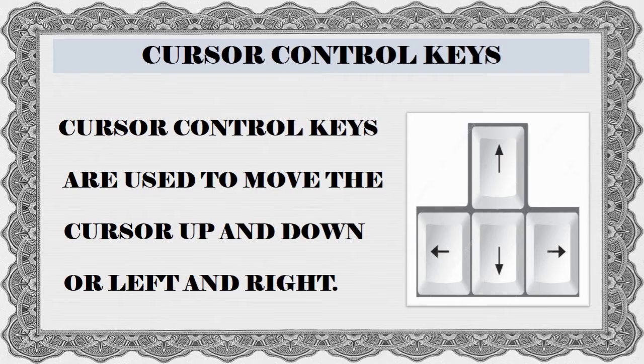They are also known as arrow keys. Cursor control keys are used to move the cursor up, down, left and right. If you want to go up, down, left and right on the page in which you are doing your work, you can use the arrow keys or the cursor control keys. Okay, children?